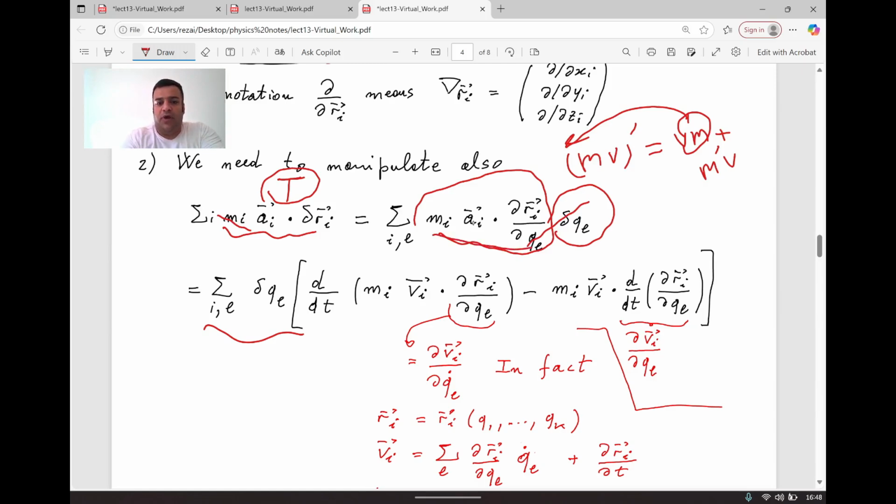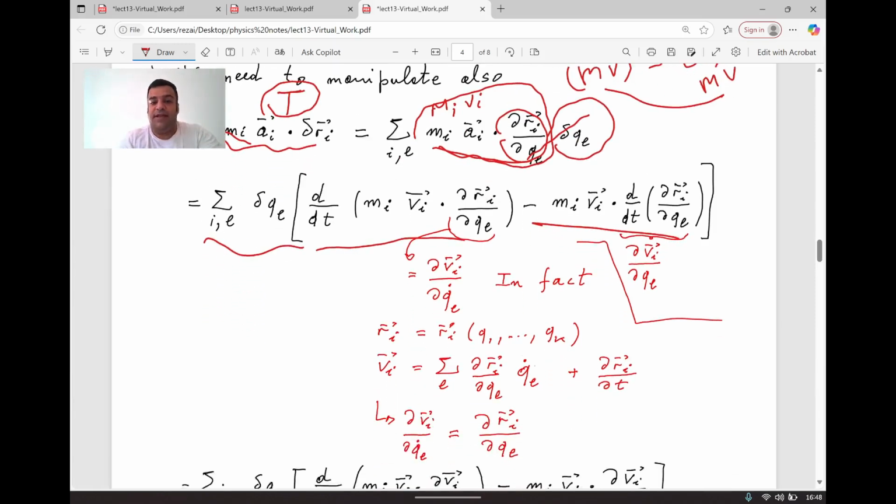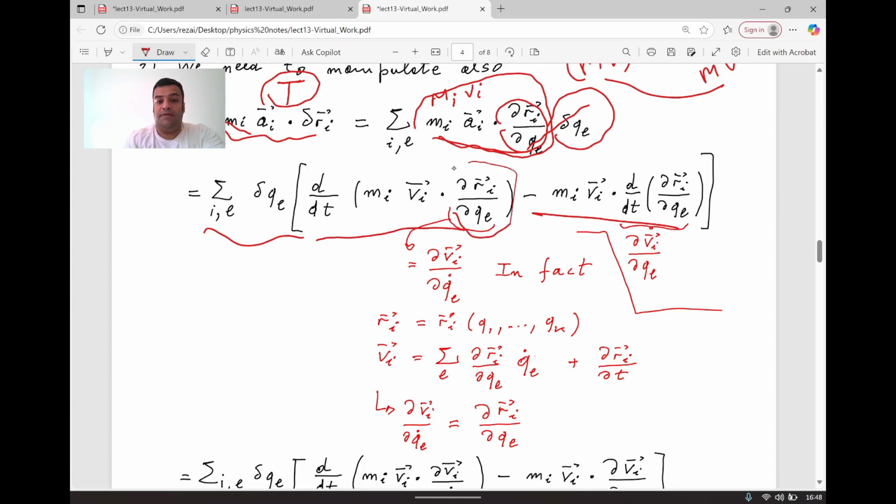If you write this as m_i v_i with this, and you use this identity, you can arrive at this value. I am not going to explain because it is so much, but something here is so important, guys. In this calculation, what I wrote is, at first, dividing by t.